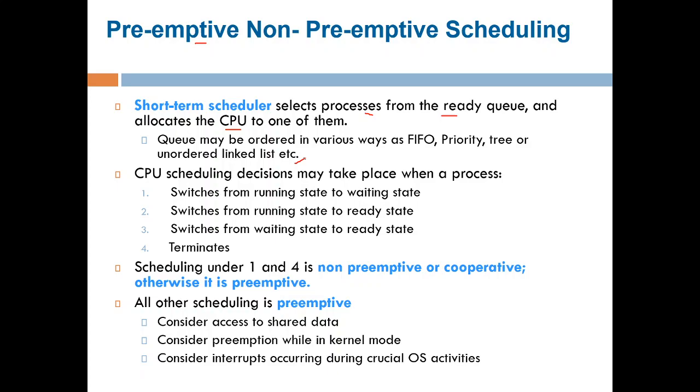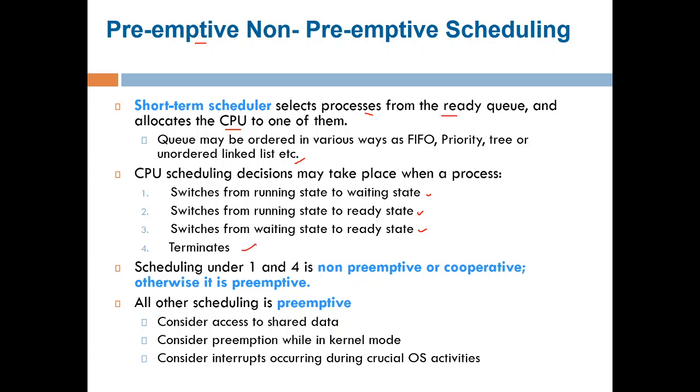CPU scheduling decisions may take place when a process switches from running state to waiting state, when a process switches from running state to ready state, when a process switches from waiting state to ready state, or when a process terminates.